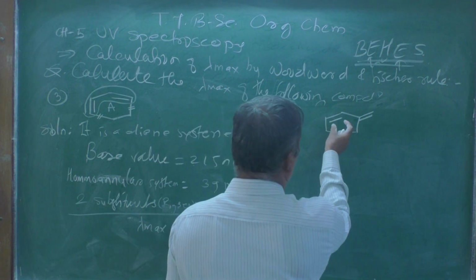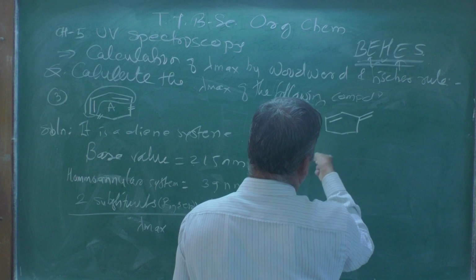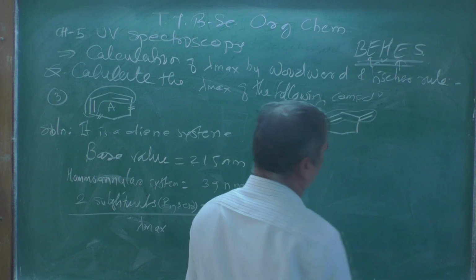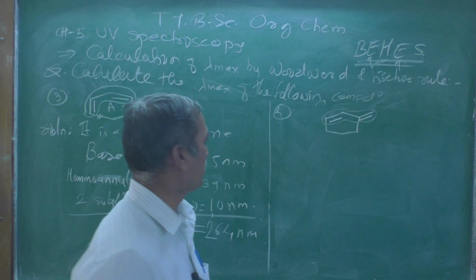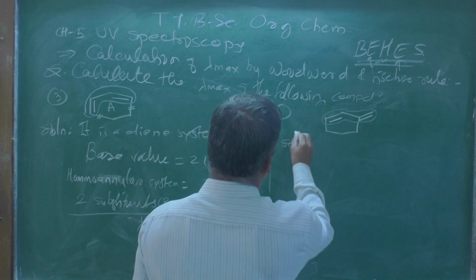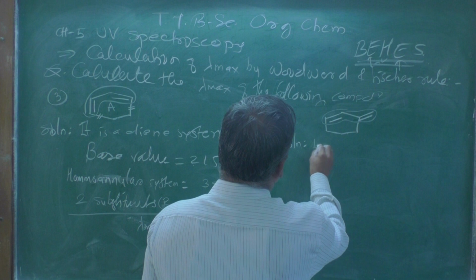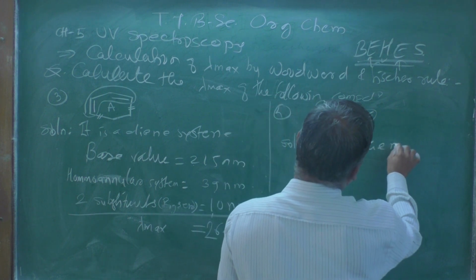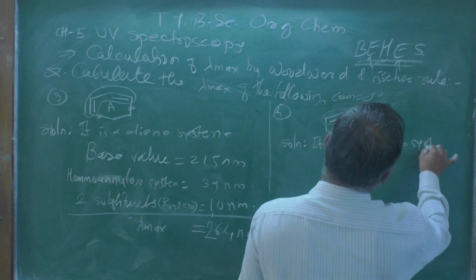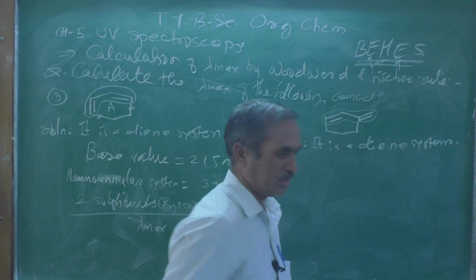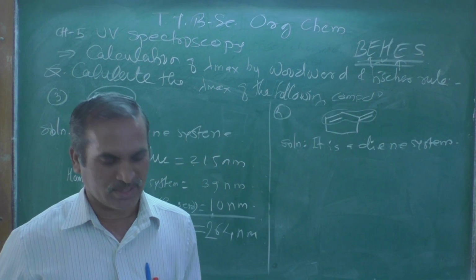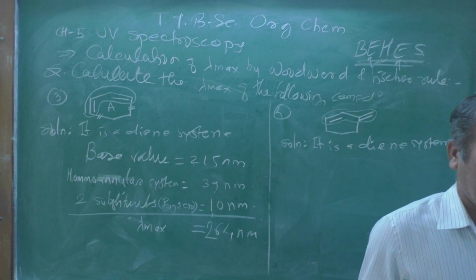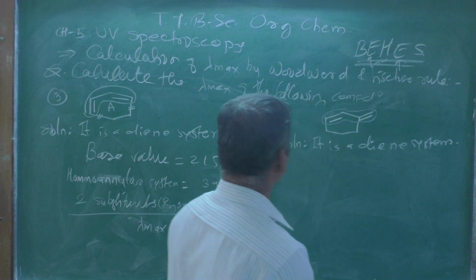Look here: carbon-carbon double bond, single bond and double bond, and therefore you can mark it like this. It is a diene system. If you recognize this system, half of the work is done and half of the work remains.